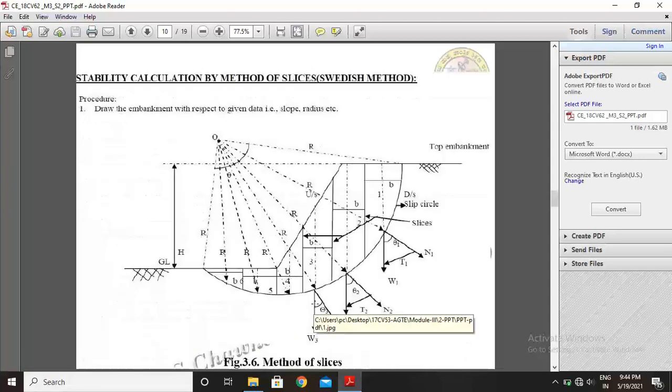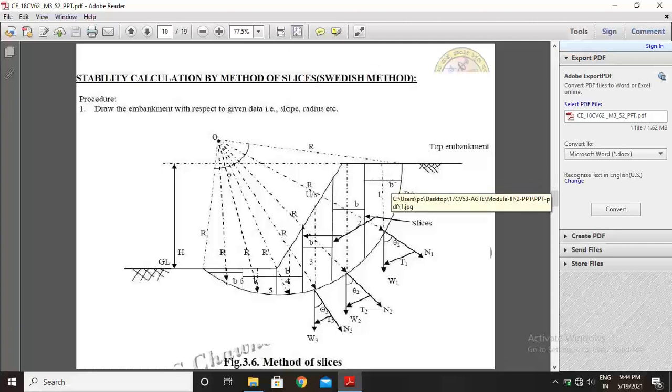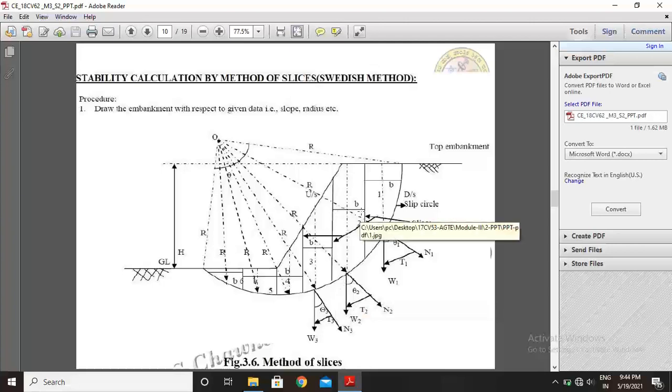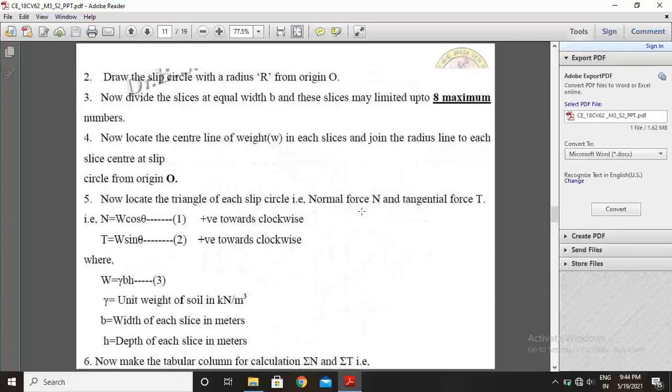For example, this first slice has width B, and the height is this height plus this one divided by 2, the average height. For the second slice, this height plus this height divided by 2, the average height. Like that you calculate H.